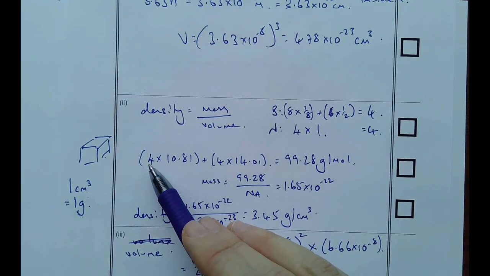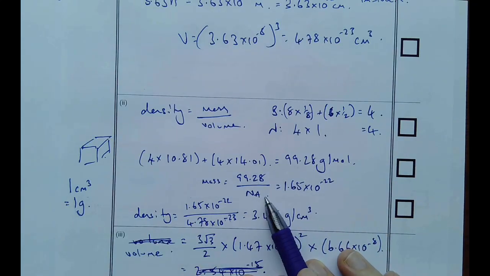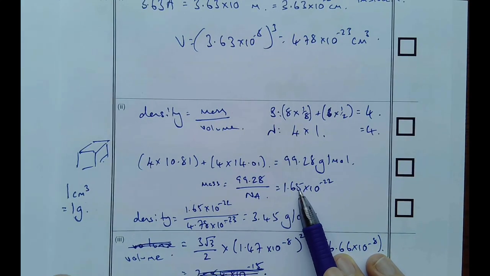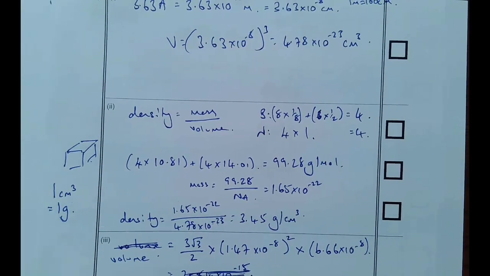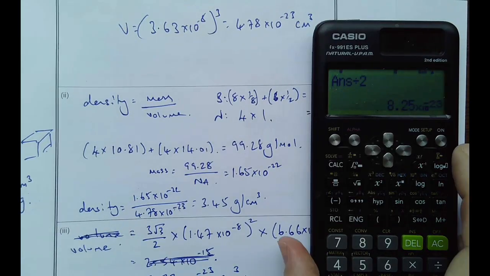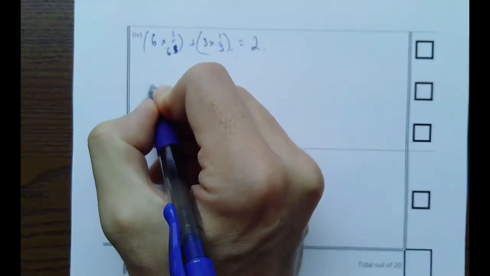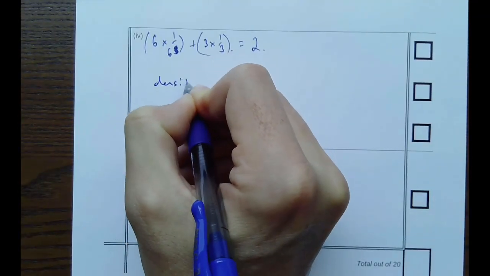So if you want, you can do the whole thing. You do 2 times that, gives you the new value, divided by Avogadro's constant. All I'm going to do though, to work out my new mass, is divide that by 2. So 1.65 times 10 to the minus 22, divided by 2, gives me 8.25 times 10 to the minus 23. So I know my new mass, let's just go density.